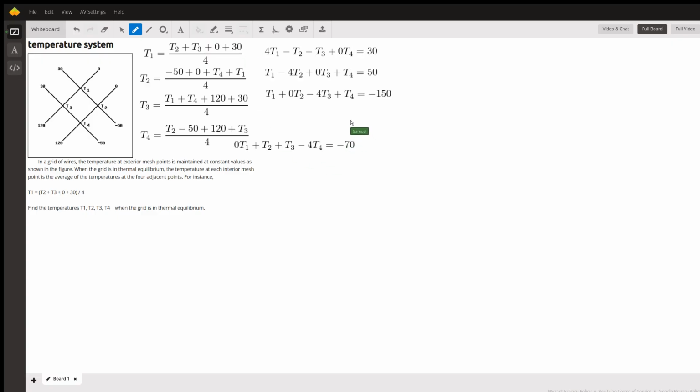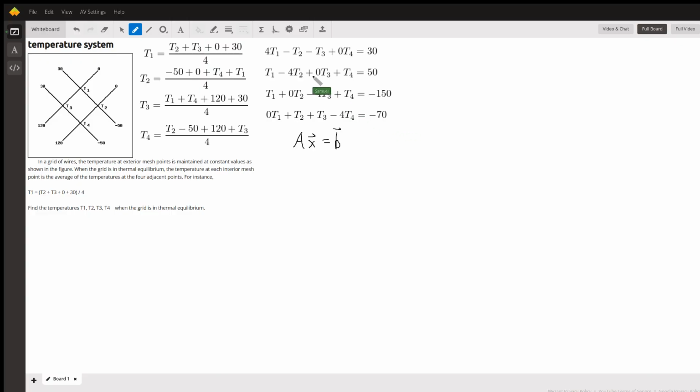All right, so then we have made all our equations in standard form, and what this does is it creates our matrix, taking all the coefficients to be our transformation matrix A, with our variable vector x representing all the T's that we want to find, the temperatures, and the resultant vector of the values that they equal.